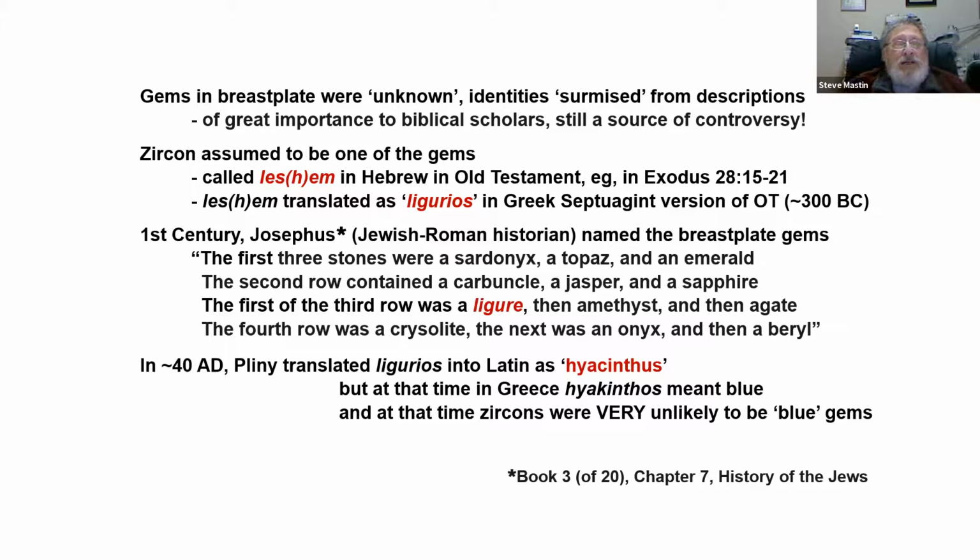Pliny the Elder in about 40 AD called it hyacinthus, but that was probably wrong because hyacinthos in Greek means blue. And at that time, zircons were very, very unlikely to be blue. And you'll see why in a little bit. So that seems to be a false name.